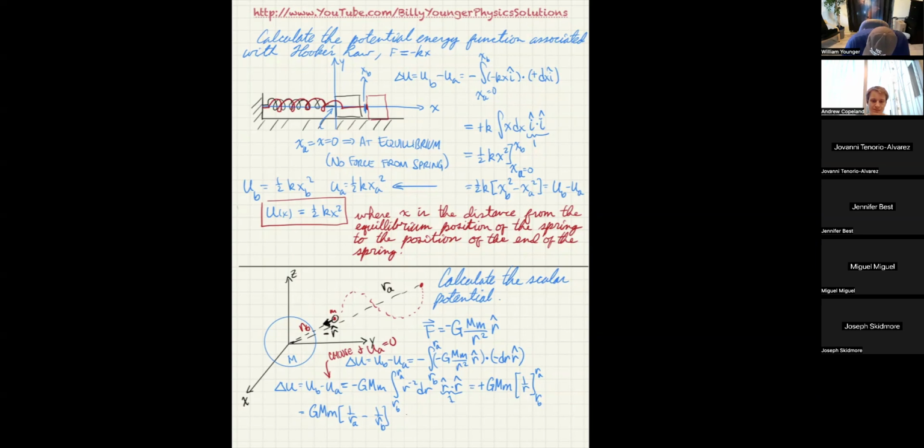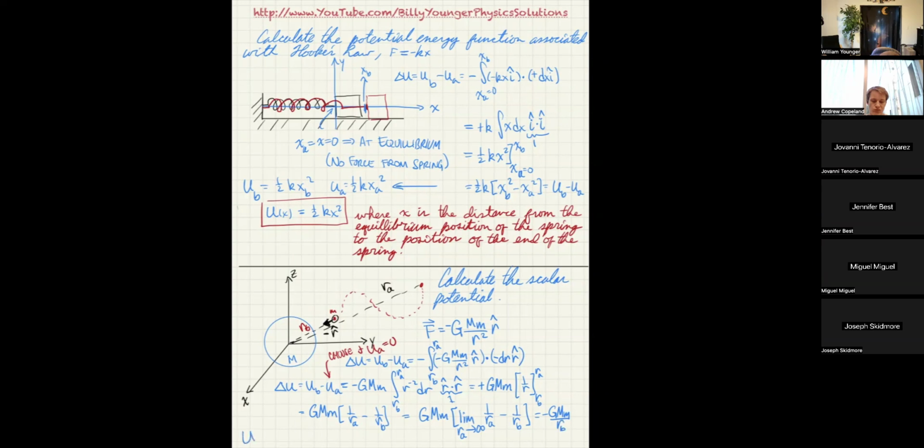So this is going to be equal to G M M times the limit as RA approaches infinity of 1 over RA minus 1 over RB, where RB is obviously the distance to point B. Now, in the limit as RA approaches infinity, that first term goes to 0. So we ultimately get negative G M M over just plain RB.